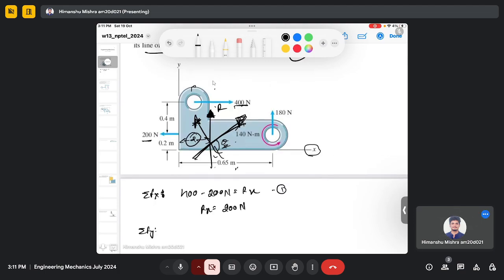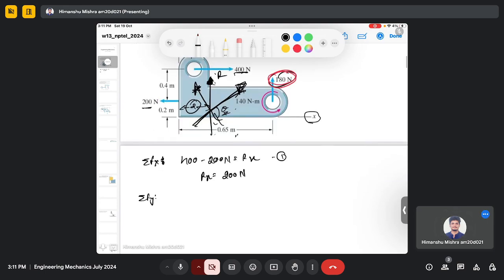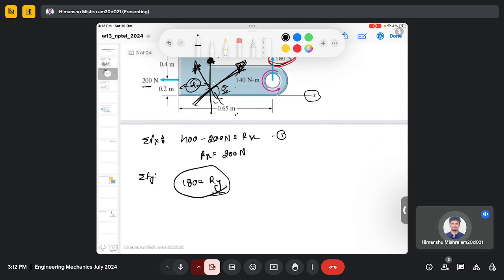Now we can do the similar thing for the forces in the y direction, and we have 180 Newton, and that's it. So it's the only force which is acting vertically. So this is my Ry. So we got to know about the magnitude of Rx and Ry. Now to find the resultant force, we can use this quotient to find the resultant force.